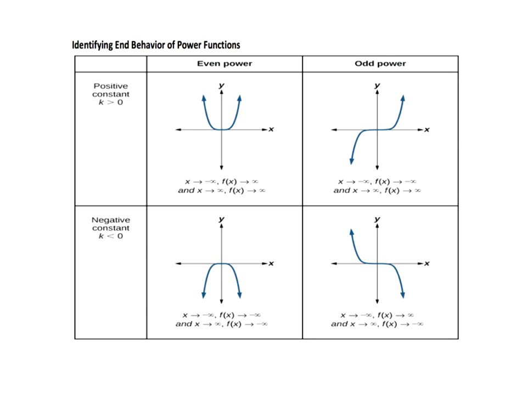Okay, so we can identify what we call the end behavior of power functions. And this is just how the tail ends of a graph are expected to behave based on the value of the power that the variable is raised to.